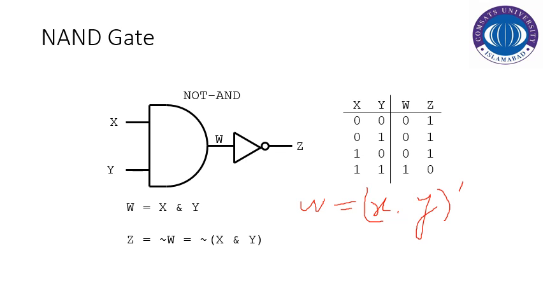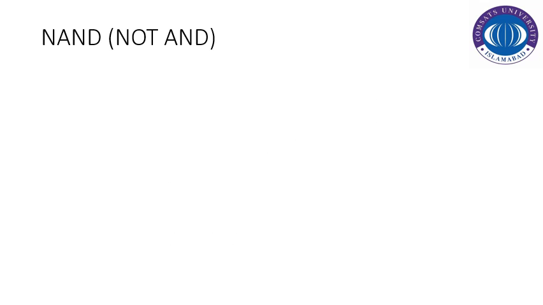And in this particular case this is Z. If you see this diagram, basically Z is the output that is equivalent to X dot Y full prime. That basically represents the NAND operation. So NAND is basically not AND, which we have discussed in detail.